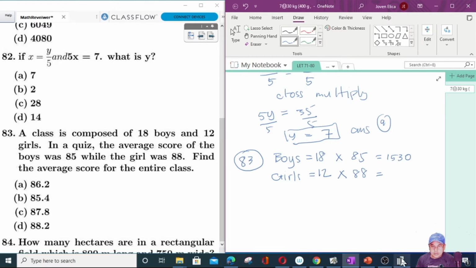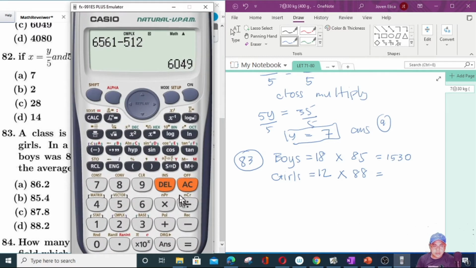So let us verify with calculator. 18 multiplied by 85 is equal to 1530, and 12 girls multiplied by 88 is equal to 1056.